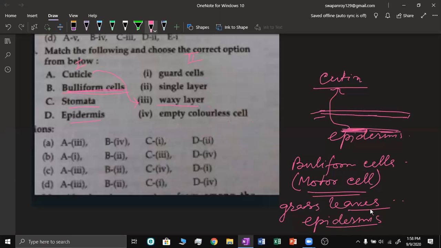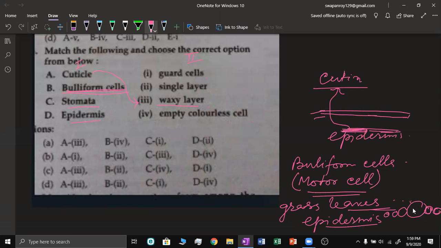These cells in the epidermis are larger in size than their neighboring cells, and they have a little bit of hollowness.